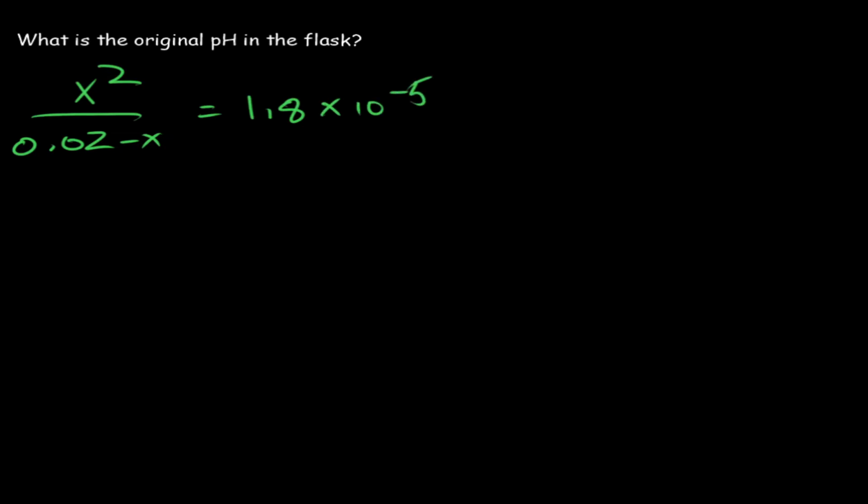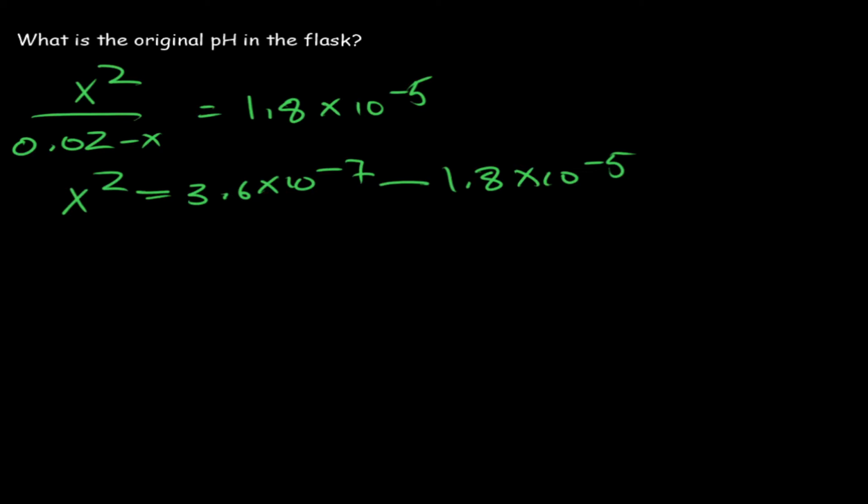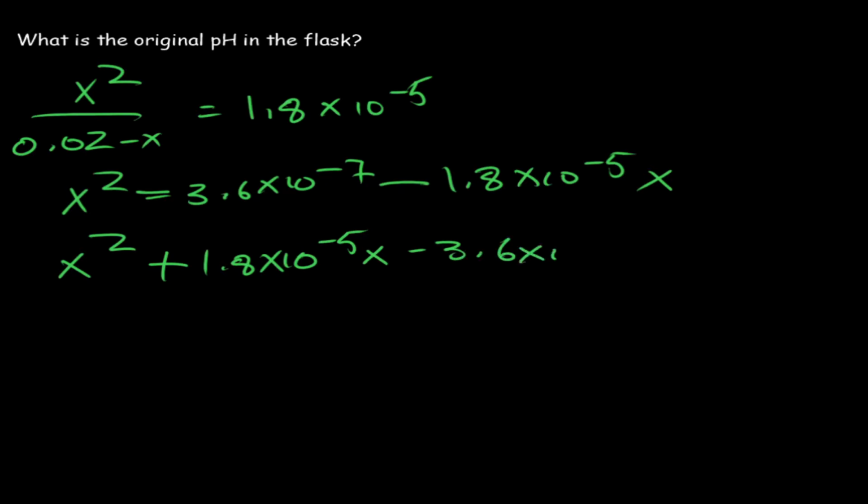If we rearrange this equation, we're going to get X squared is equal to 3.6 times 10 to the negative 7 minus 1.8 times 10 to the negative 5 X. We can further change this equation so that it's X squared plus 1.8 times 10 to the negative 5 X minus 3.6 times 10 to the negative 7. We set that equal to 0.